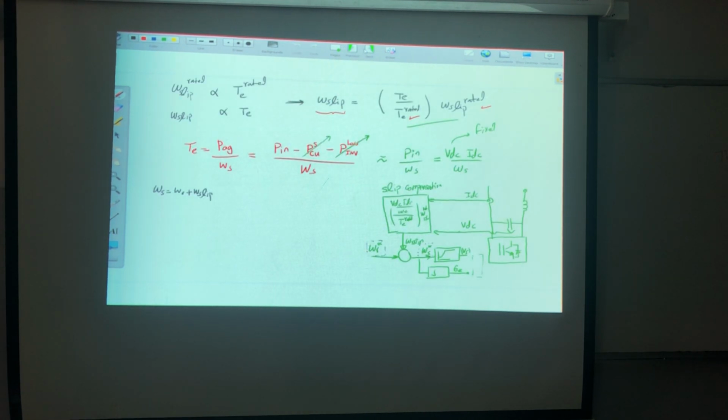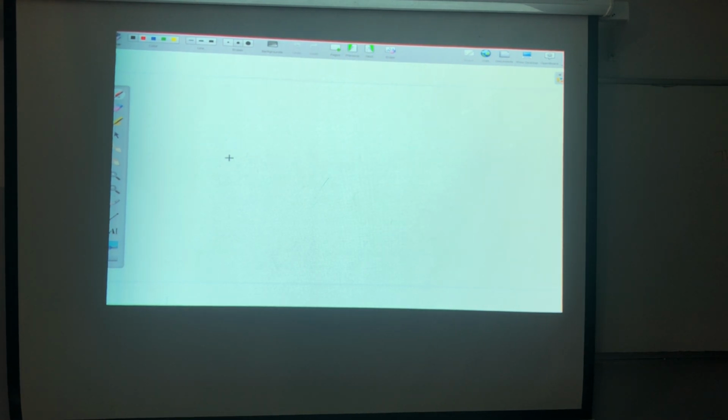So now let's discuss the closed loop V over F. Now someone will say, if this is the reference speed that you need to rotate the machine at, compare it to the actual speed.